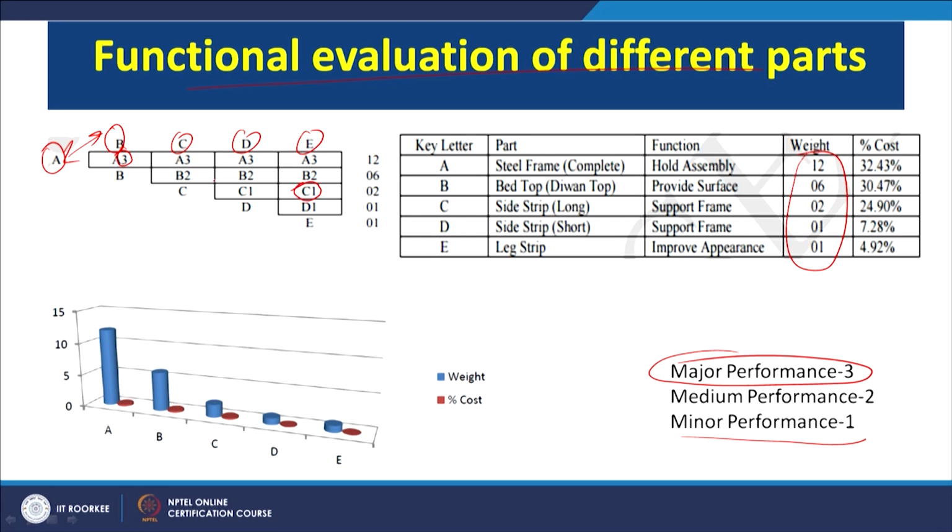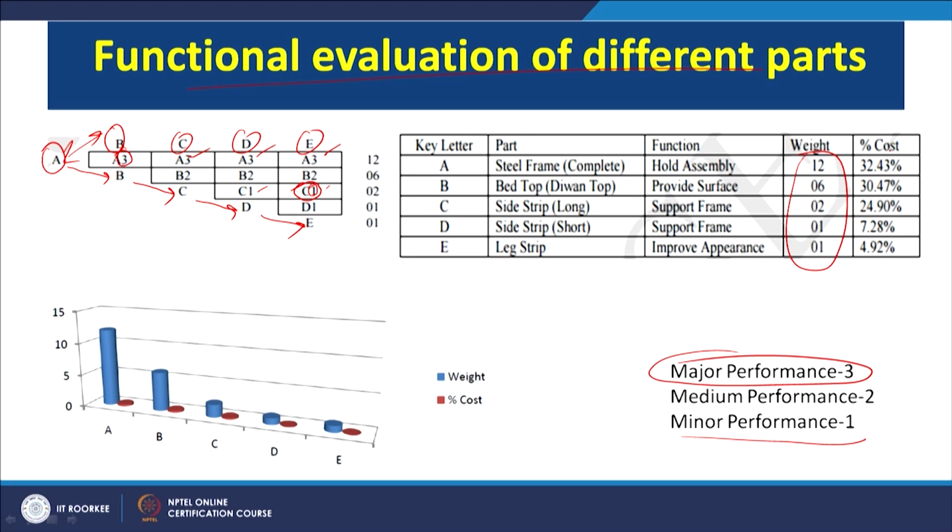We can see A and E, so it is 1. Performance is 1 only, which is lesser. So 3 means higher relationship, 1 means lower relationship. We are moving in this direction: A, B, C, D and E. Accordingly we can see how D is in relation to C, how the performance is, whether it is a major performance, medium performance or minor performance.